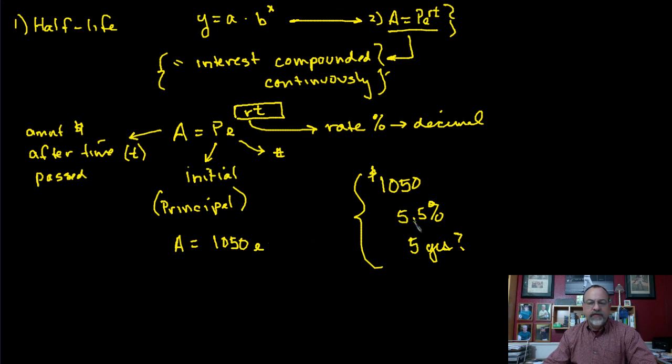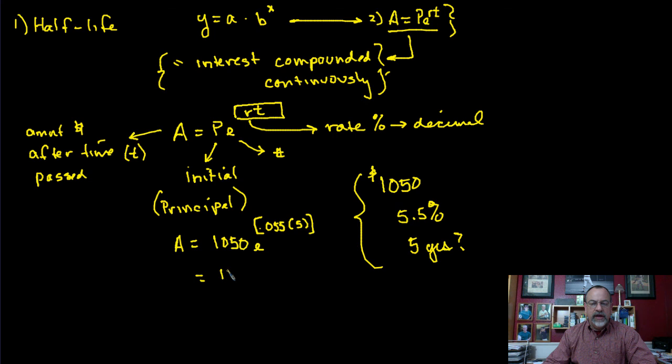The interest rate is 5.5%, so I need to change that to a decimal, so moving that over 2 places, that's 0.055, that's my interest rate, times T, which is the time passed, and in this case, it's 5. So this is my exponent, and so this is my equation. So now it's simply a matter of substituting this into my calculator, making sure you put parentheses around that exponent so that it multiplies these together before it raises it to that power.